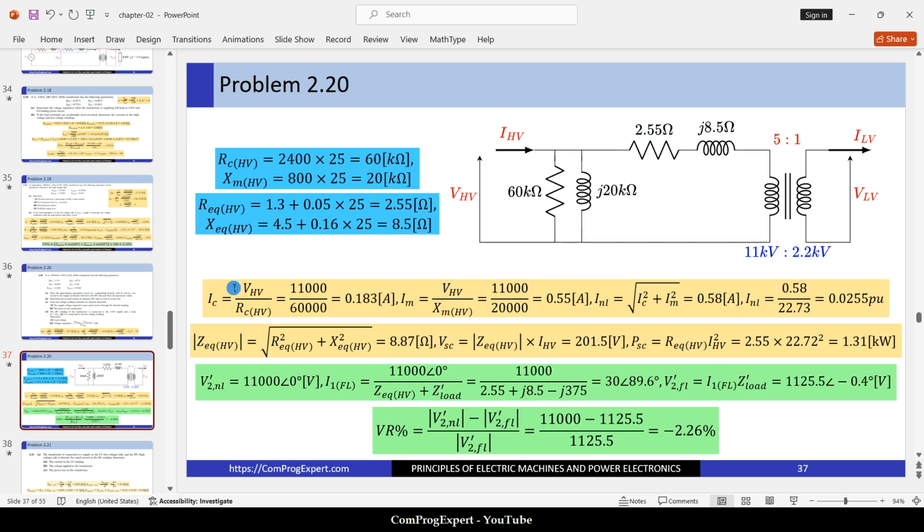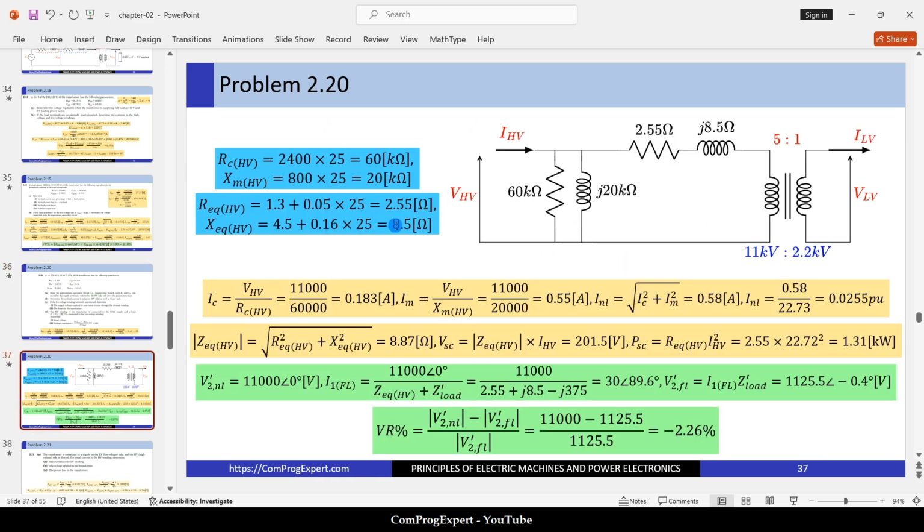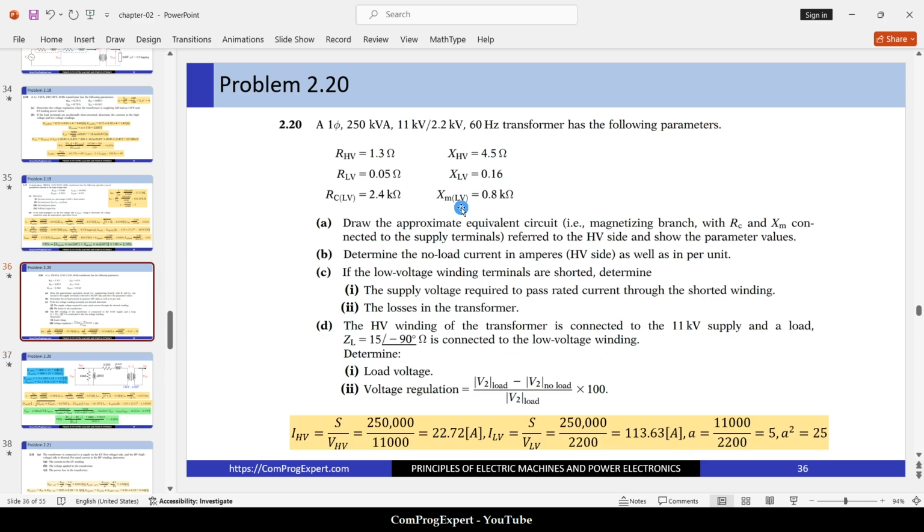And we can do the same for the leakage reactances: 4.5 X high voltage plus 25 times this one, okay, that is equal to 8.5. Oh, this value that we have here in this equivalent circuit. This is the part A.